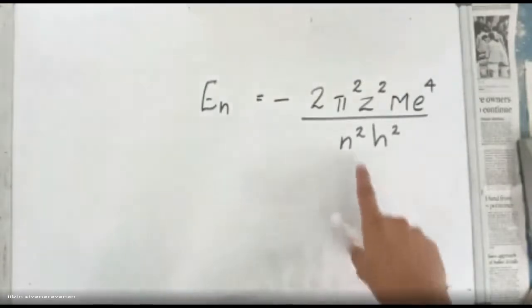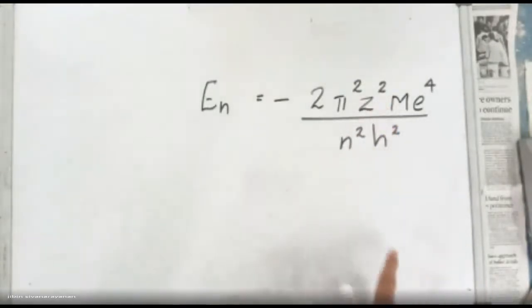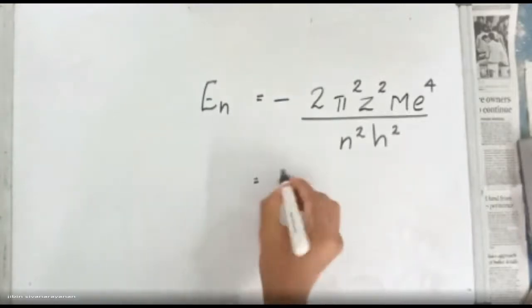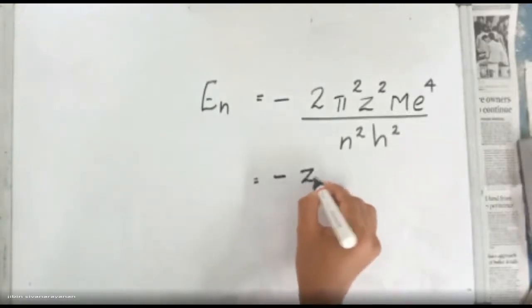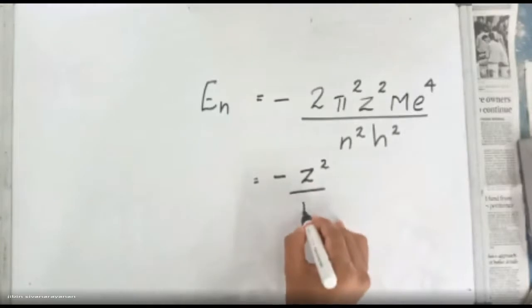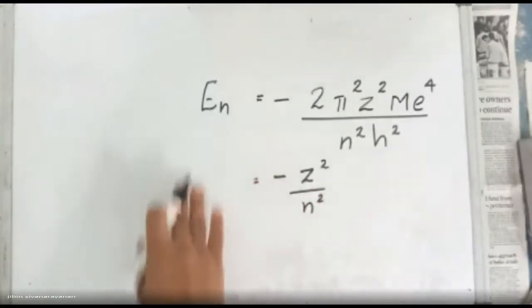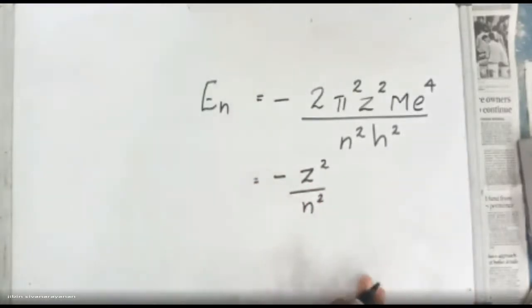So here also n and Z are the variables and all others are constants. So I'm keeping the variables here, Z square by n square. And here energy can be expressed in various units.